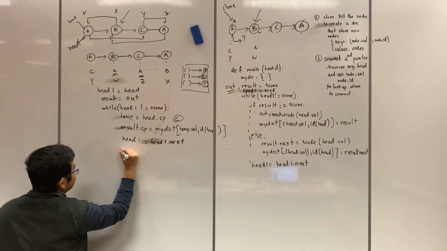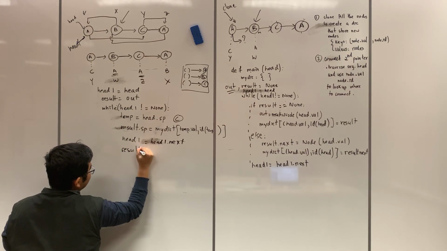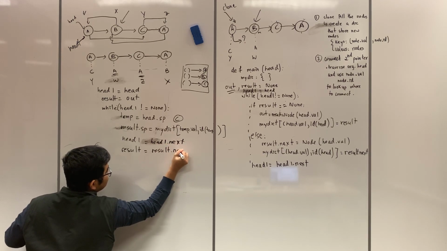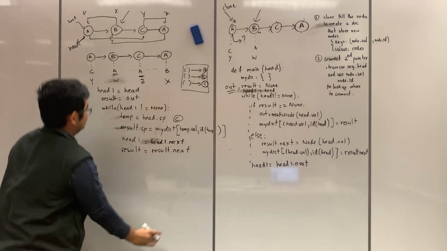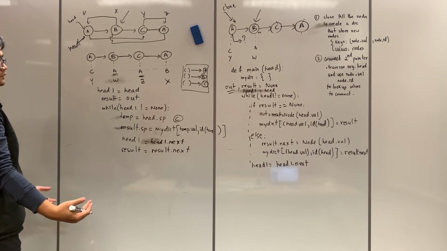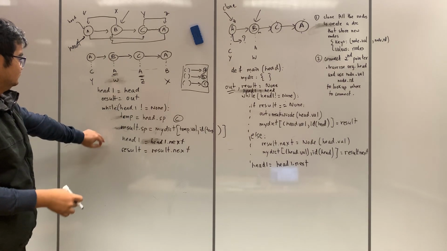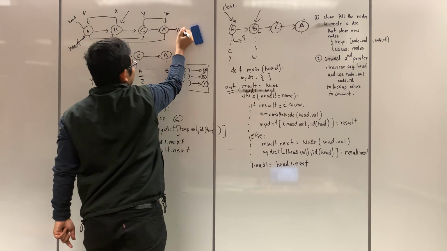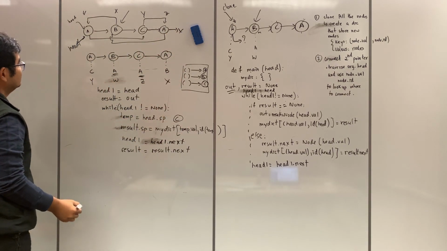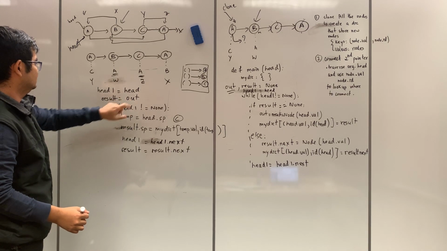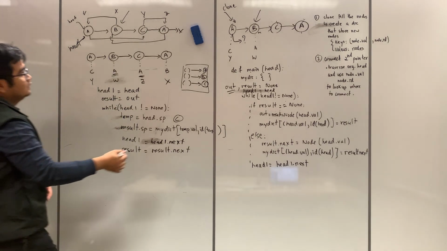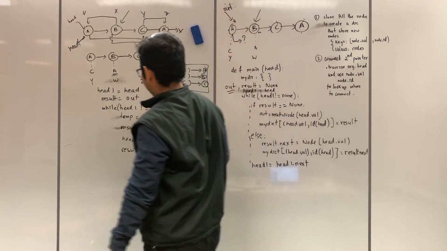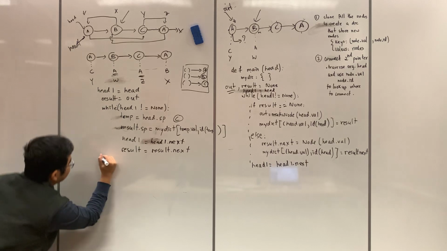And the same with resolve: resolve is equal to resolve.next. Yeah, that should do. So when head1 points to none right here, we want to stop the process and return out, because out is always pointed to the first node right here. And then return out.